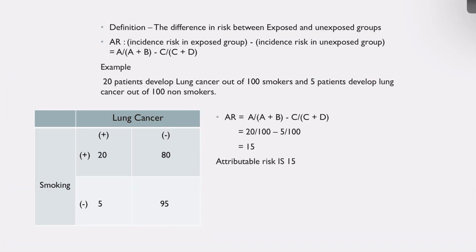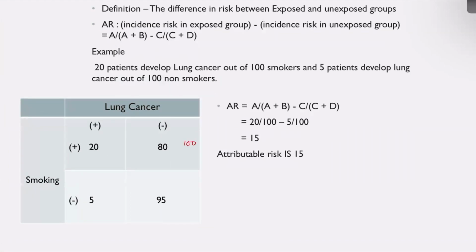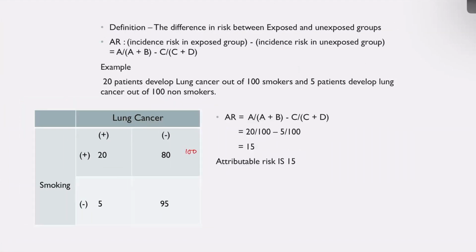Again, we go through an example. So 20 patients who develop lung cancer out of 100 smokers. So 100 smokers, 20 develop lung cancer and 80 didn't. And then 100 non-smokers, and 5 developed lung cancer, 95 didn't. So the formula is A divided by A plus B minus C divided by C plus D. So 20 upon 100 minus 5 upon 100, that is your 15.